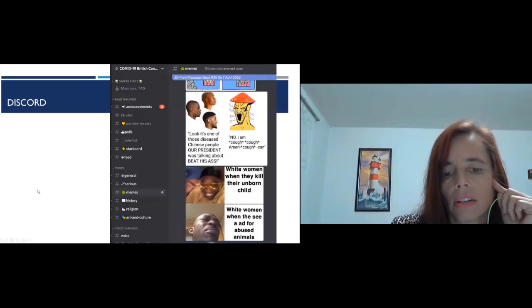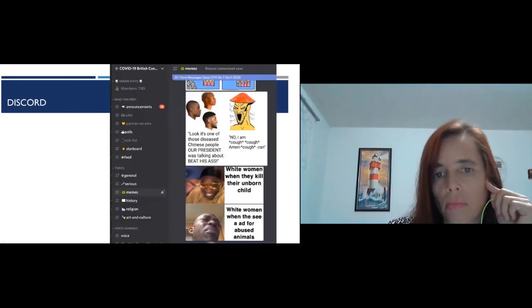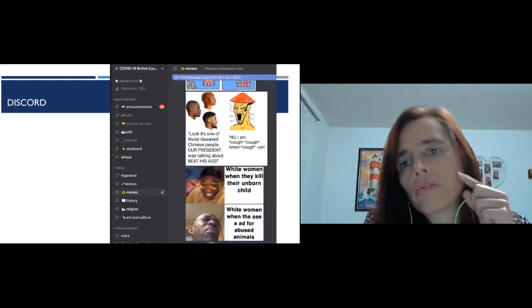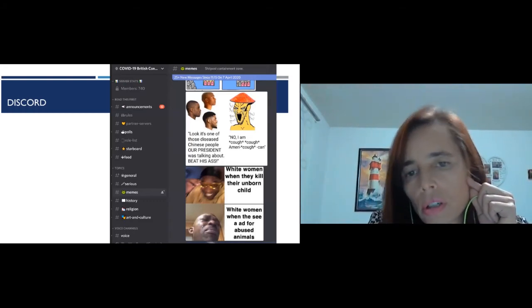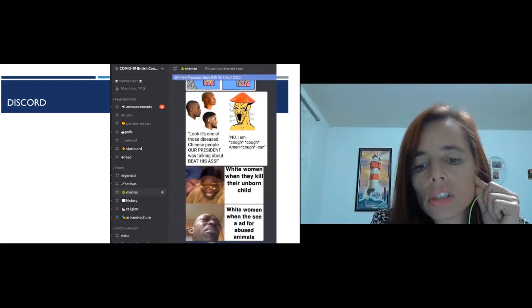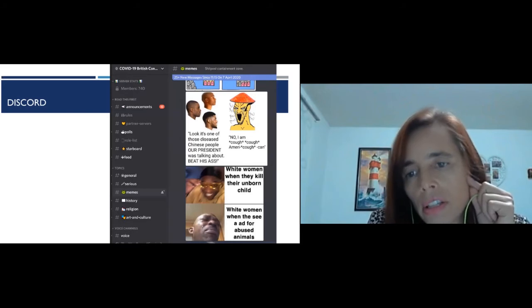Another example is Discord, which is also quite popular with gamers for communication. There's also quite a lot of racism and hate speech going on in Discord. Here you can see an example using pictures as well, using text and memes.